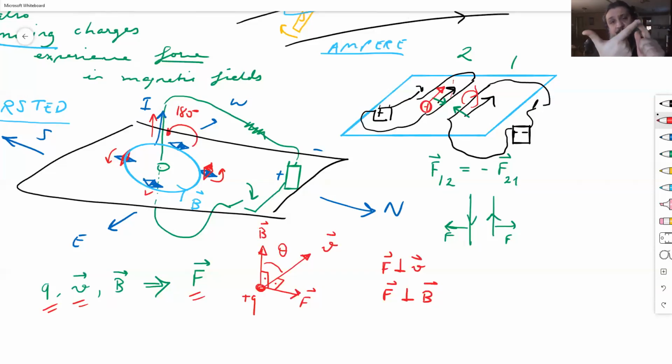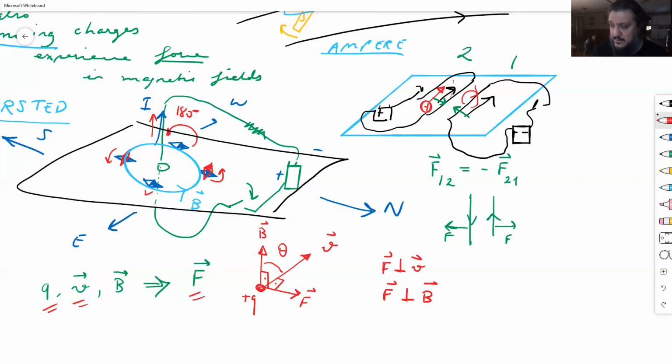V, B, then the middle finger, which is perpendicular to both index and the thumb, is the force. All right? So when you're watching this video, try to do it using your right hand, not the left hand. The thumb in the direction of velocity, magnetic field, index finger, and the middle finger will show you which direction the force is.